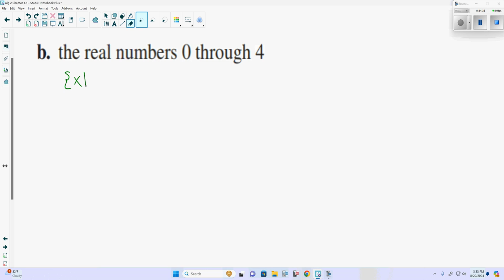So that's where we go back to set builder. Because any group of numbers, especially real numbers that are not easily listed, we use set builder. We do brace x bar, the set of all real numbers x, such that 0 is less than or equal to x, is less than or equal to 4. We're just rewriting 0 through 4 as an inequality.